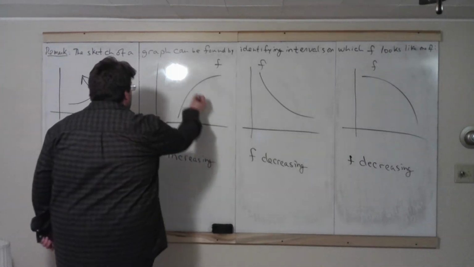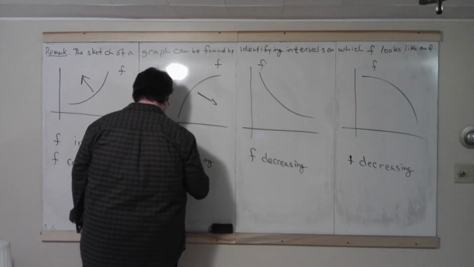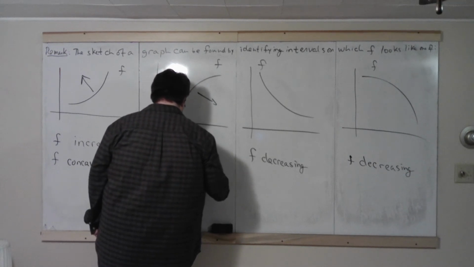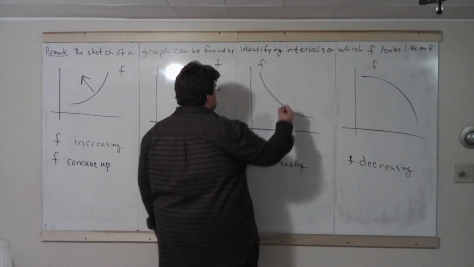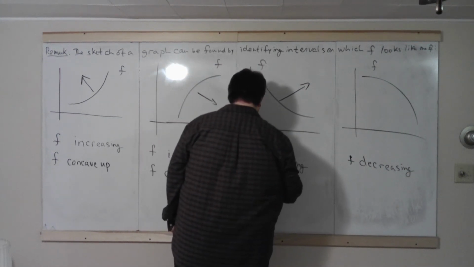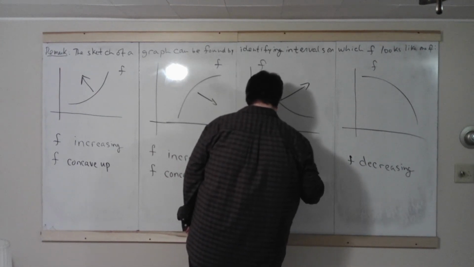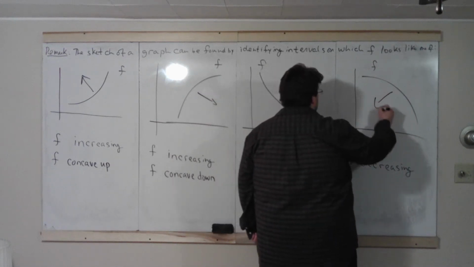What about here? That's going down. F is concave down. What about here? That's going up. So that's concave up. And here, that's going down.